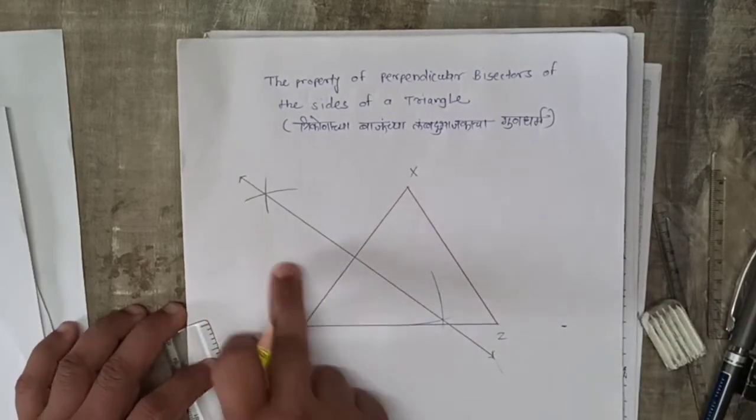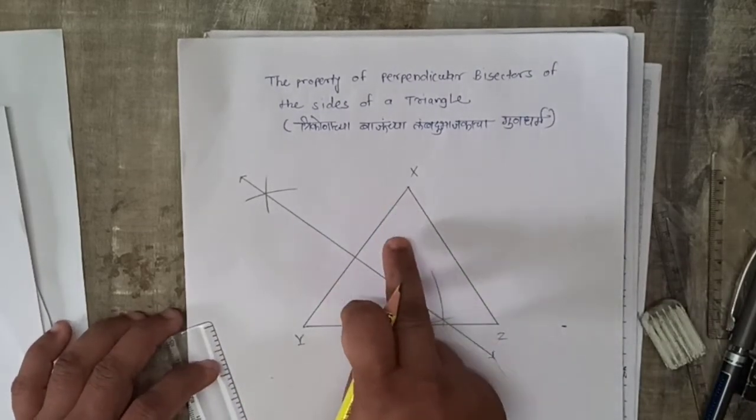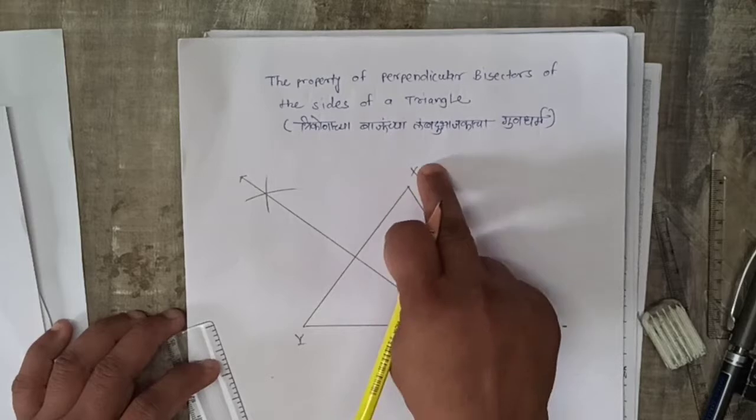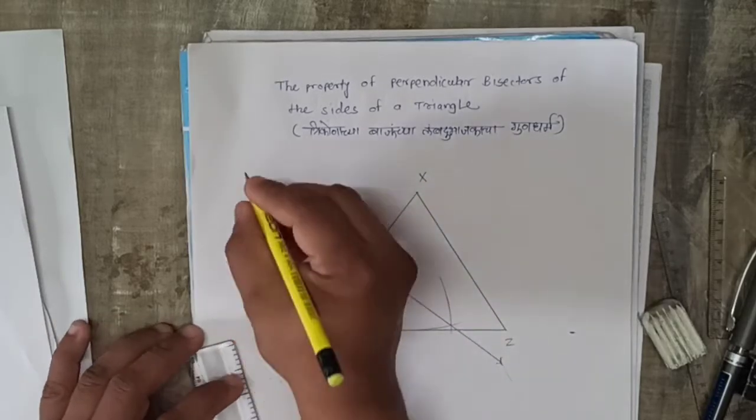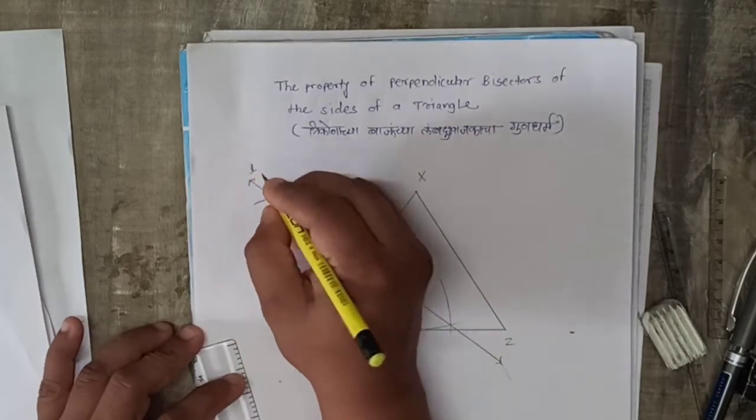So this line is a perpendicular bisector of side XY. Give it the name line L.